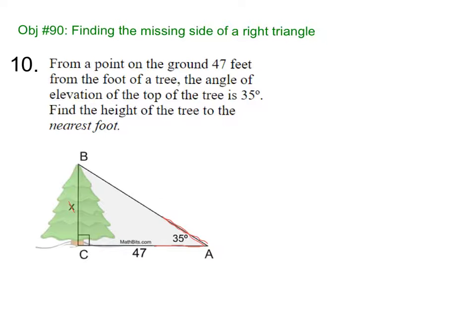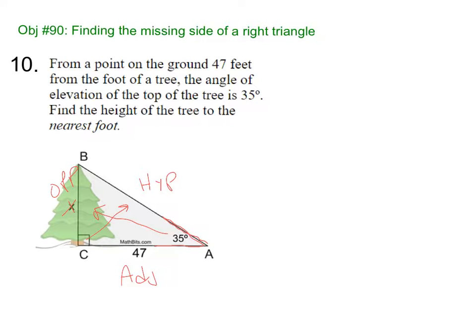So it's literally not a real word problem, right? They gave us everything we needed. So pause the video, label, solve for x. So we have our opposite, our hypotenuse, and our adjacent.